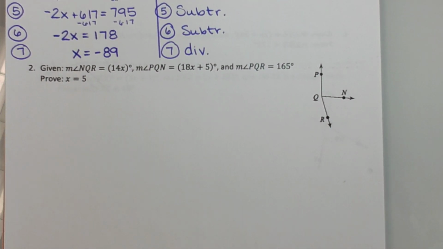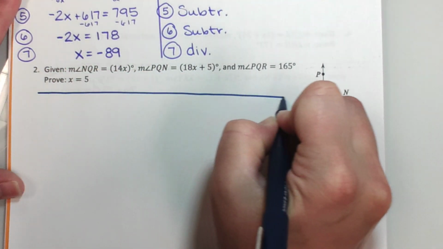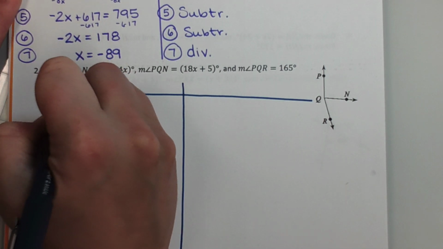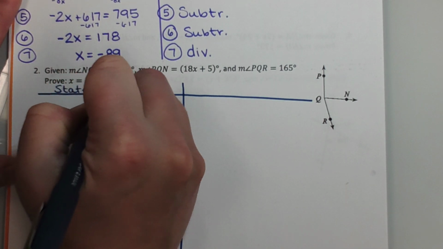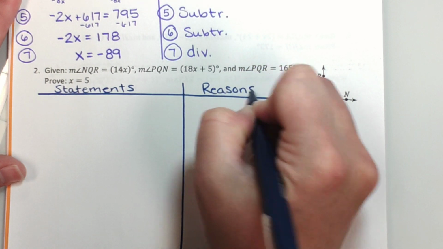Let's change up our proofs though. It's still a proof, which means I'm still going to do my 2 columns. I'm still going to label this one statements or S. I'm still going to call this one reasons.